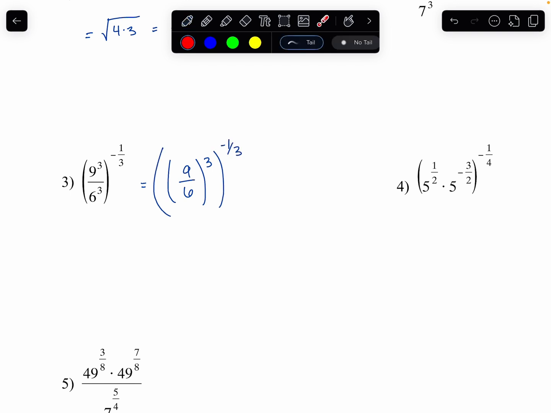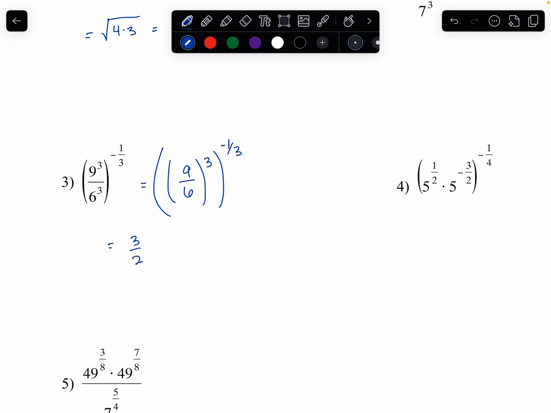So since they have the same power, I can rewrite it as one quotient with one power rather than a quotient with two powers. And now I can multiply this right here. I have a power to a power, so that's going to be equal to, well, I can also simplify 9/6 now, because 9/6 is equal to 3/2.